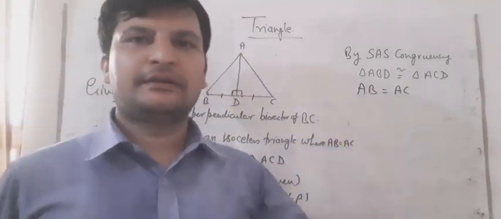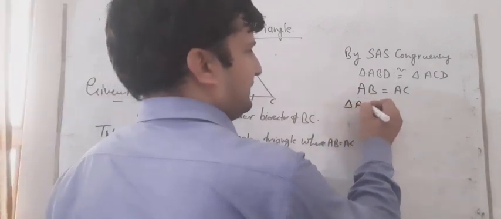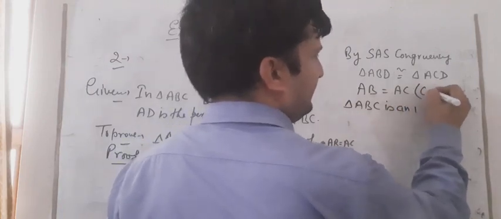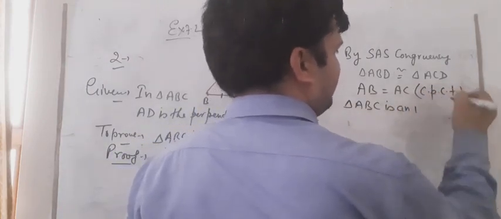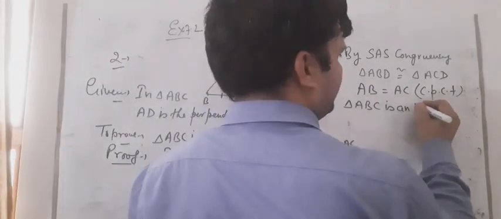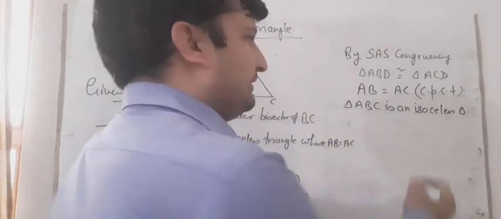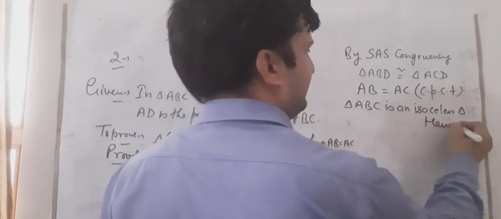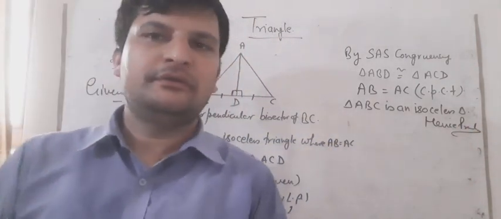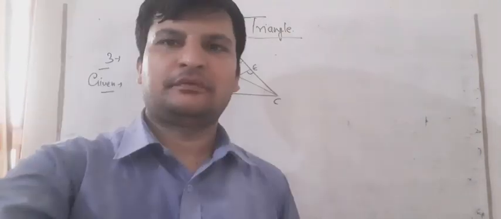If two sides of a triangle are equal, we can write here by CPCT. So we can say that triangle ABC is an isosceles triangle. At last we can write hence proved. So student, we will do this question like this. After this we will start the next question.